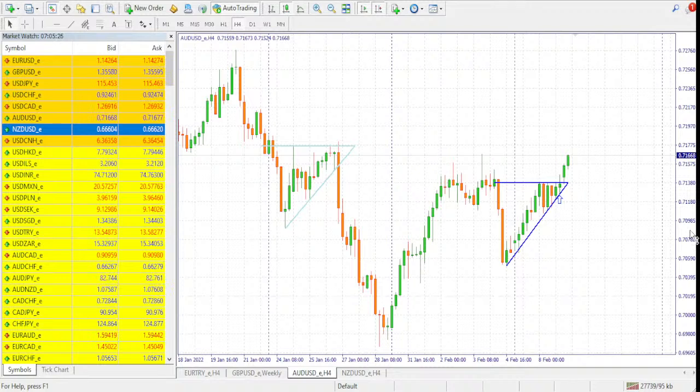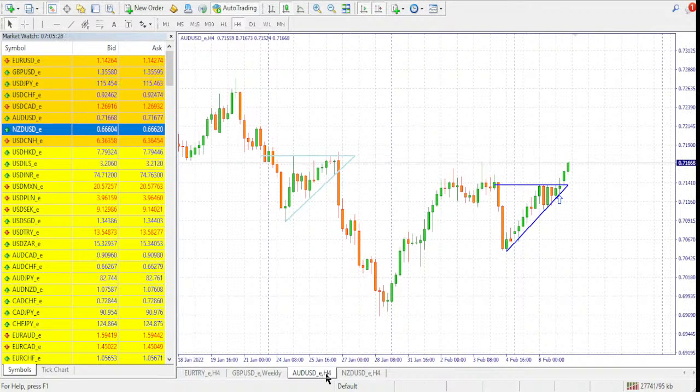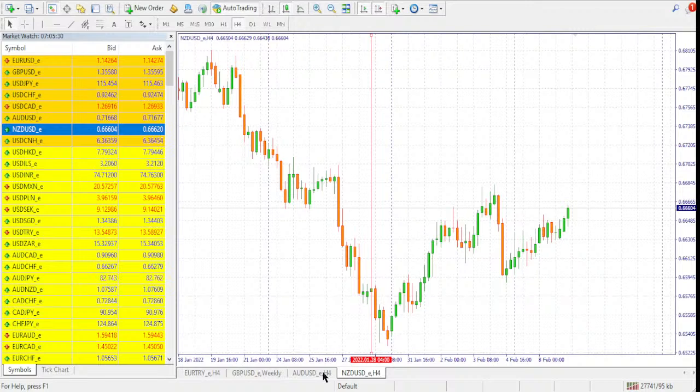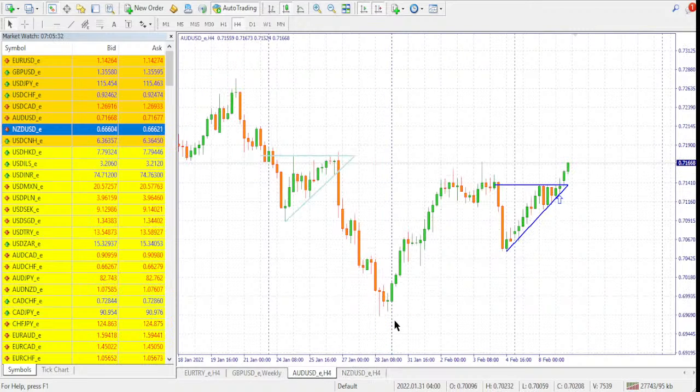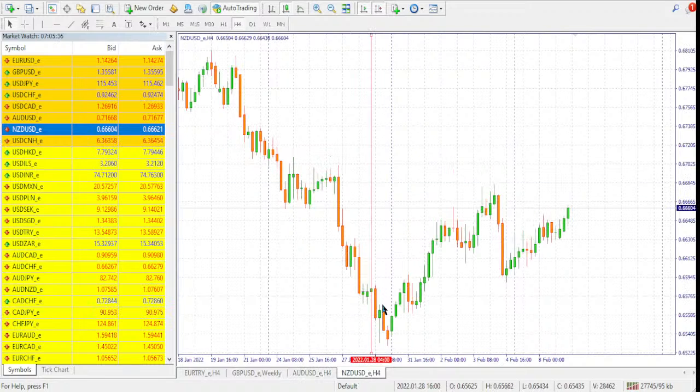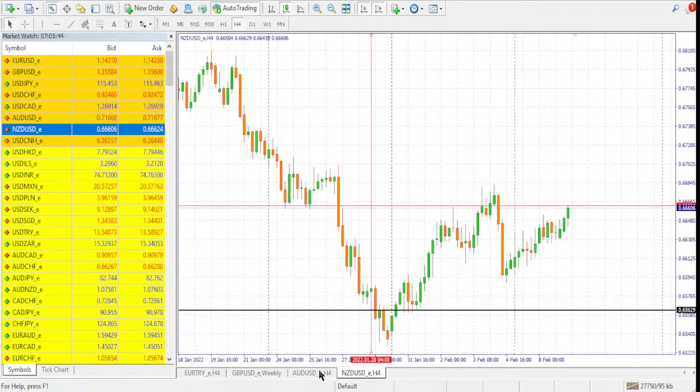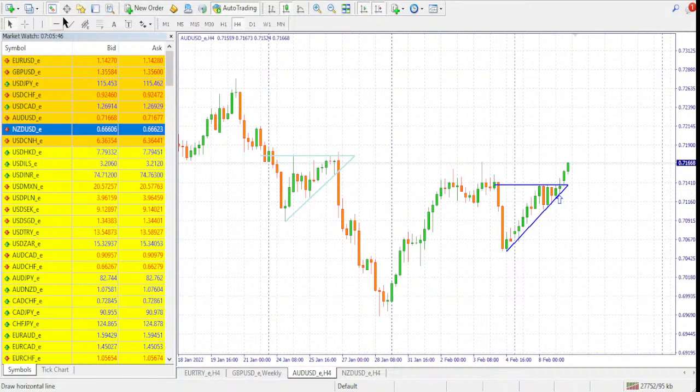So if I had to trade these two symbols, NZD/USD and AUD/USD, when I see the pin bar here and I see the pin bar here, I'll pick a buy position. I'll draw a line there, so I'll pick a buy position here, and then I'll pick another buy position here.